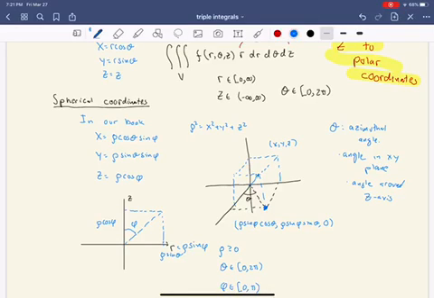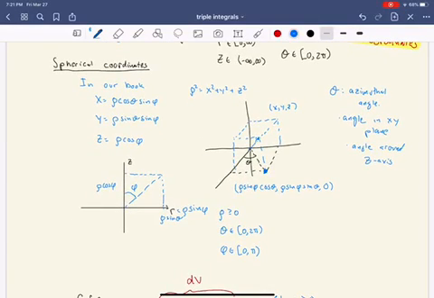All right. Now, there are some restrictions on this. Rho is always positive. All right. Theta being the azimuthal angle, that's the angle all the way around here. So that could be anything from 0 to 2 pi. Phi goes down like so.